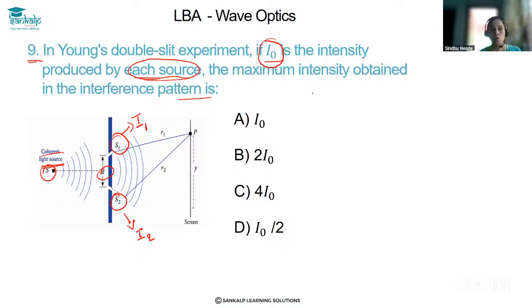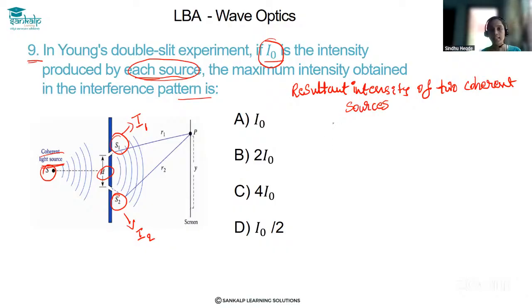Resultant intensity of two coherent sources formula: I is equal to I1 plus I2 plus 2 square root I1 into I2 cos phi.